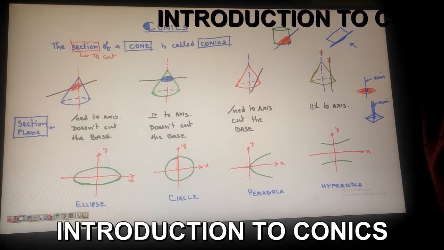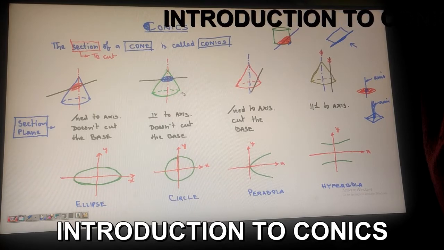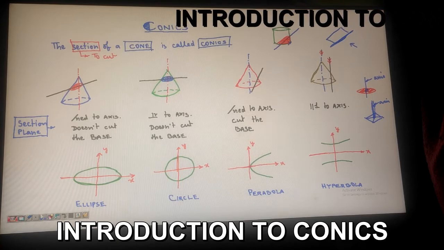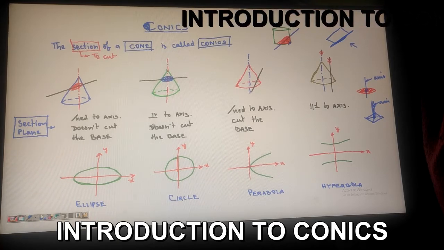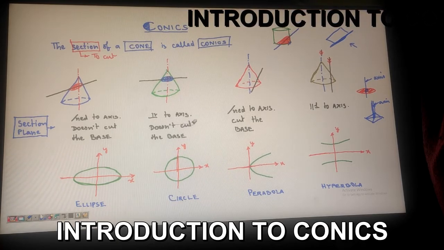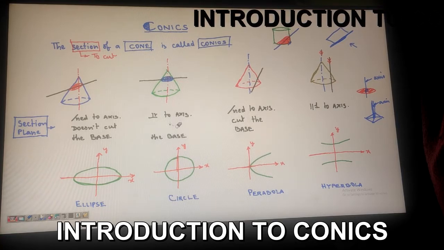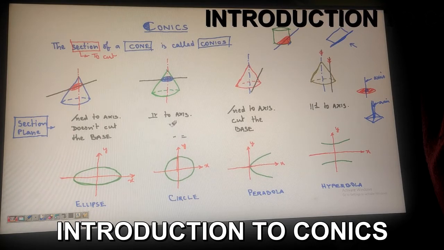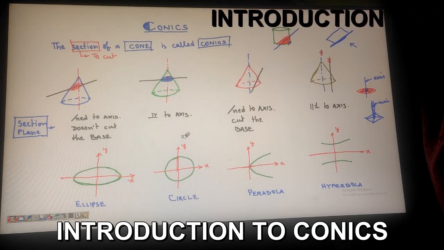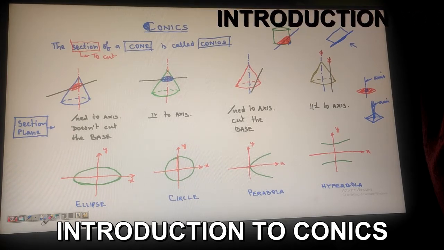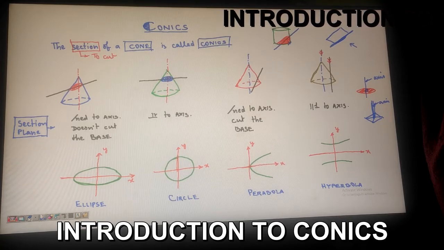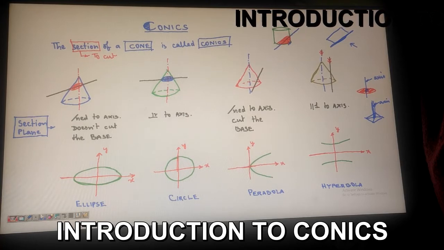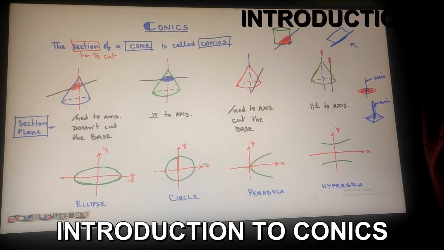It is just perpendicular to the axis, because even if it cuts the base, you will get the same circle. So let me remove this portion. It is perpendicular to the axis. When it passes through the base, the circle will be of the largest diameter. So this will be a circle.